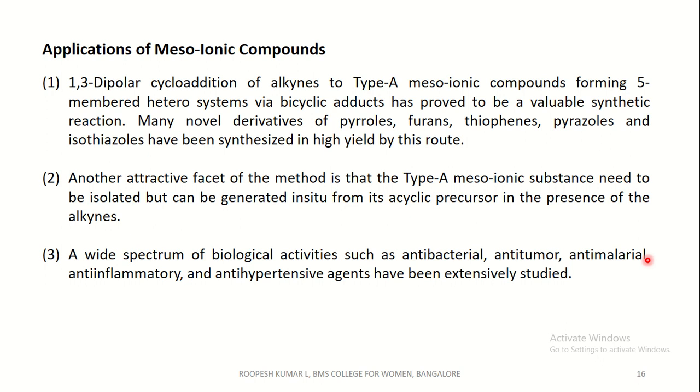Many novel heterocyclic derivatives of pyrroles, furans, thiophenes, pyrazoles and isothiazoles have been synthesized in high yield by using this route. Another attractive facet of the method is that the type A mesoionic substance need not be isolated but can be generated in situ from its acyclic precursor in the presence of alkynes.